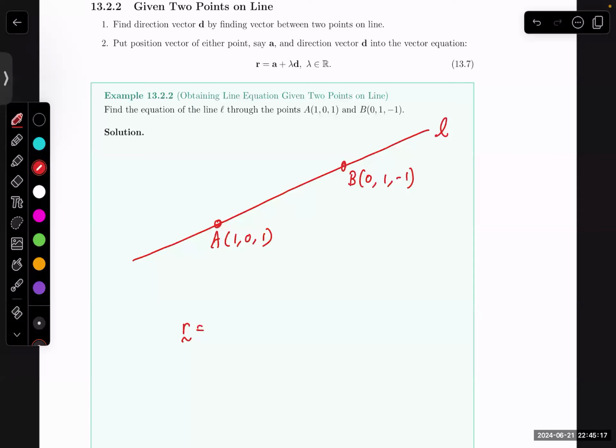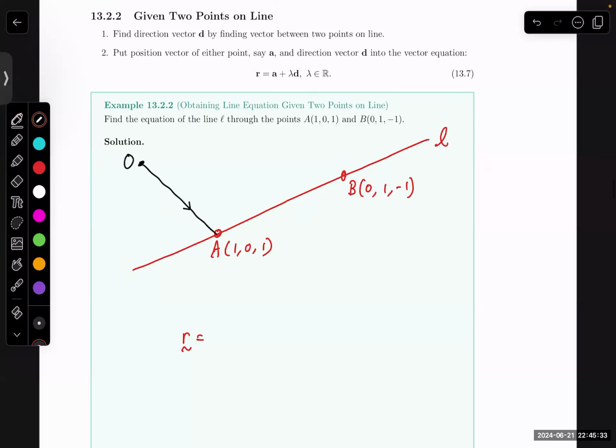So for example, someone is at the origin O. I need to tell them how to visit the line, maybe to point A or point B, whatever. From O to A, right?